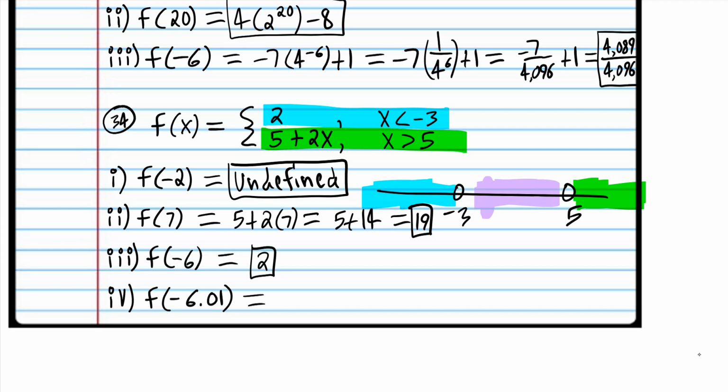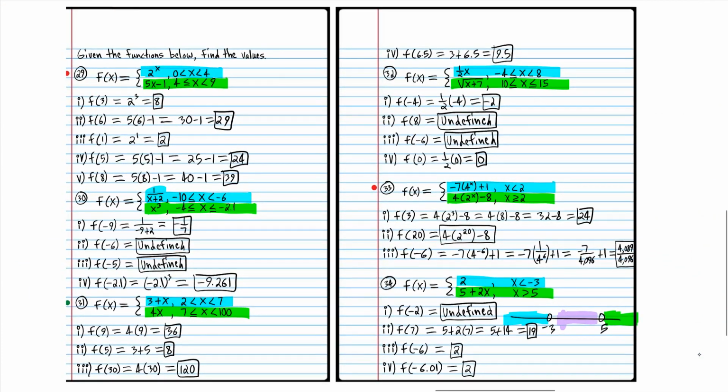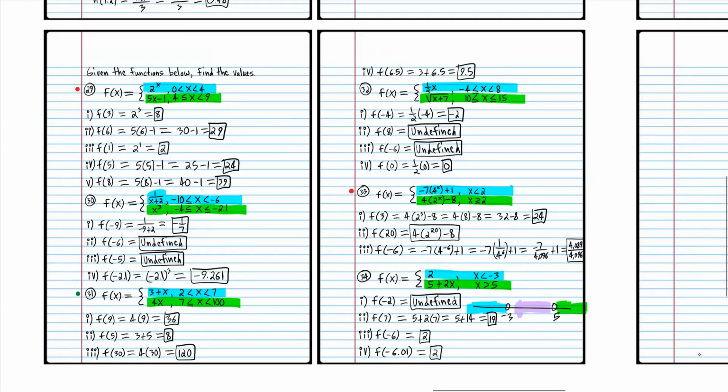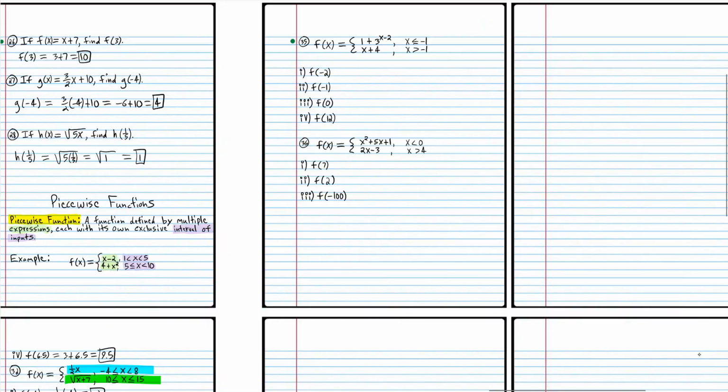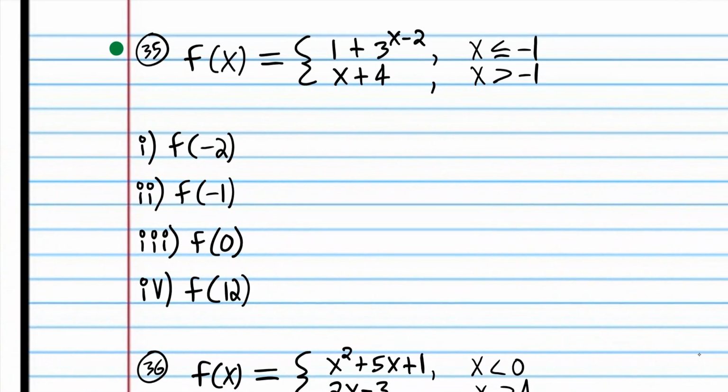Your input in this case is less than -3, so the output is going to be 2. So that's what it means, that there's just a constant there. So I want you to get a picture of these, and I want you to do number 35, and when you come back, we'll do it together.